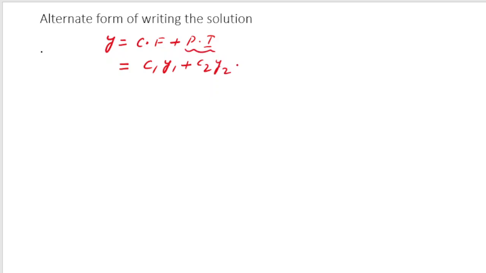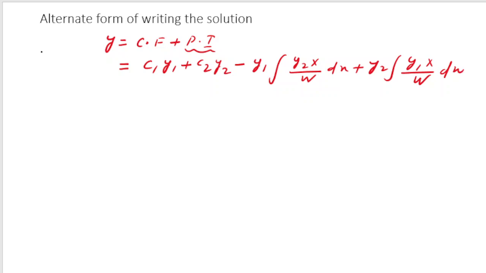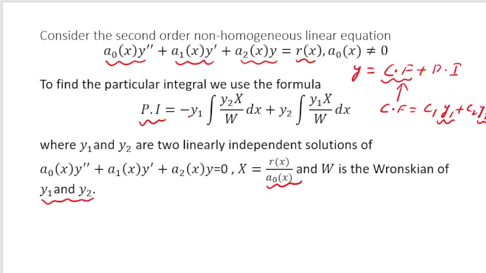The PI in the previous page was minus y1 times the integral of y2 X by W dx, plus y2 times the integral of y1 X by W dx. You can check it.